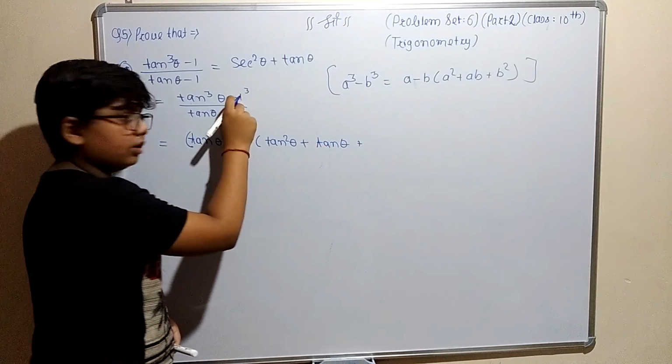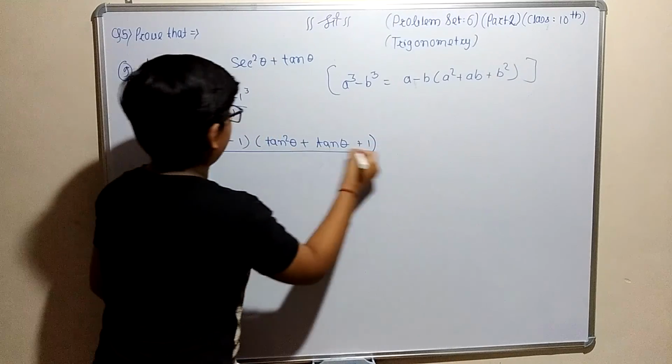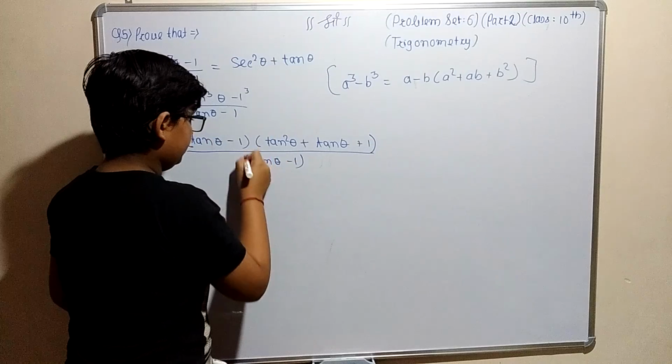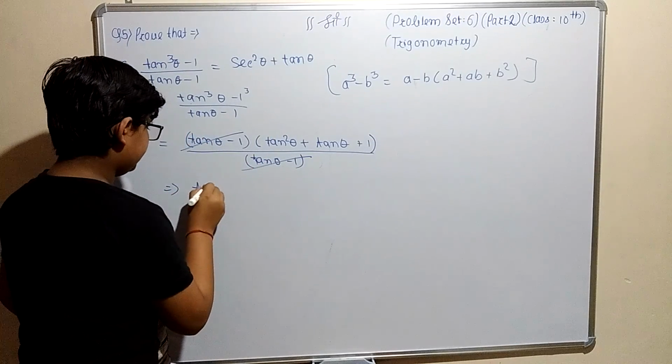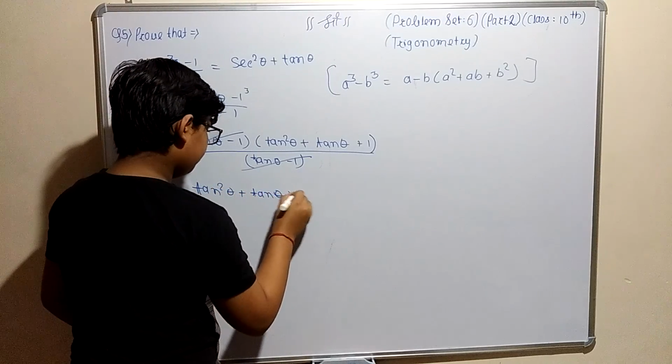What is b? B is 1. 1 squared is 1. Now divided by tan theta minus 1. Now we can cancel these two terms. Now it is equal to tan square theta plus tan theta plus 1.